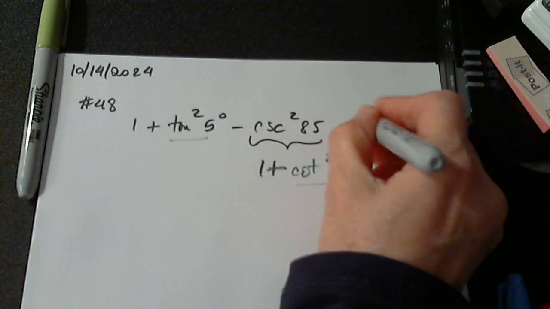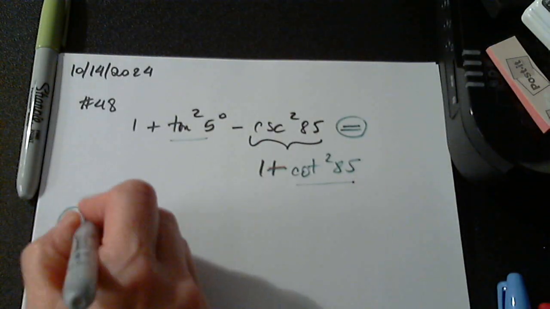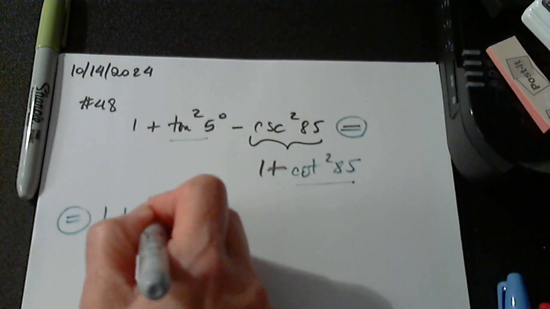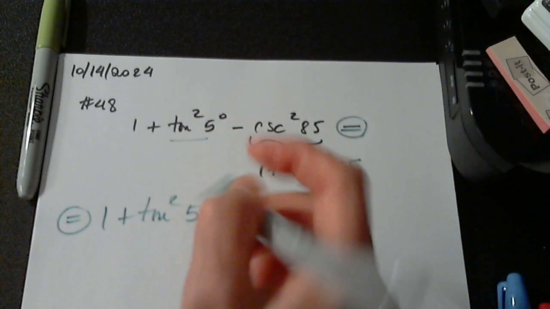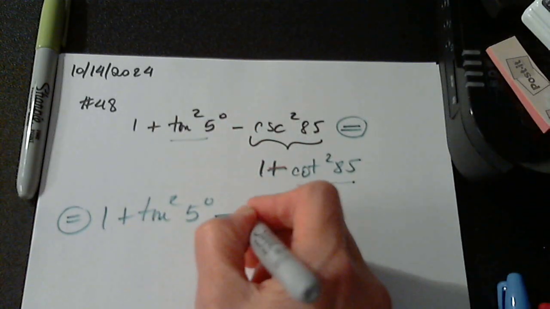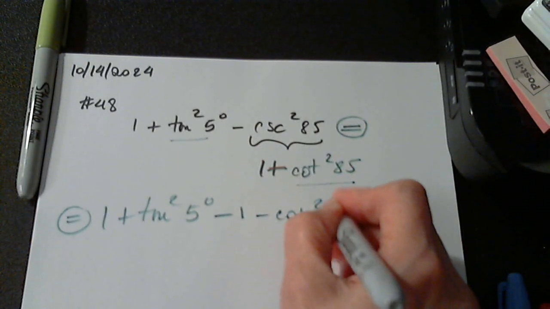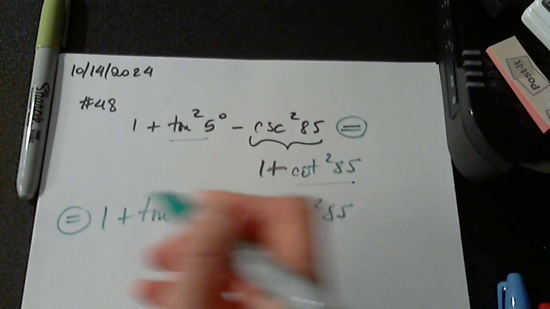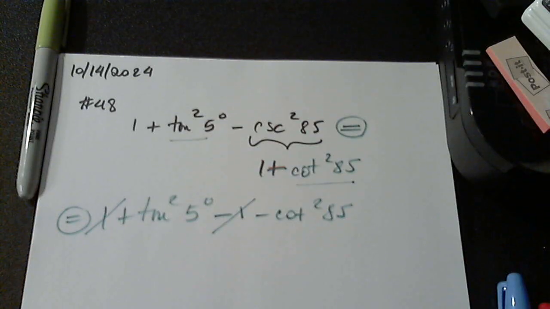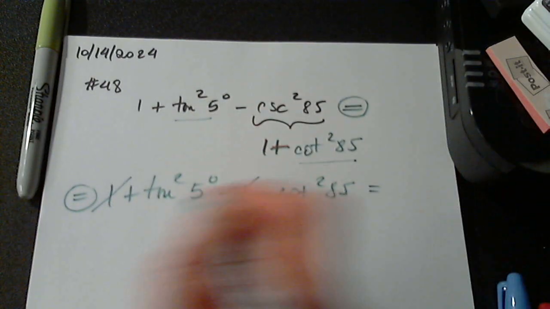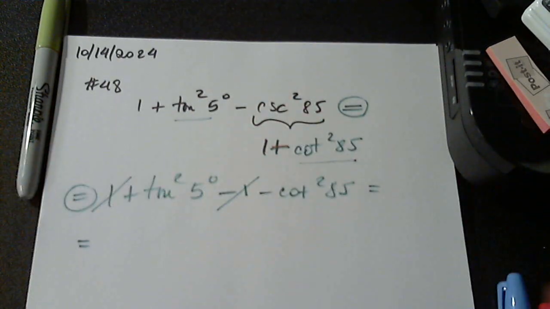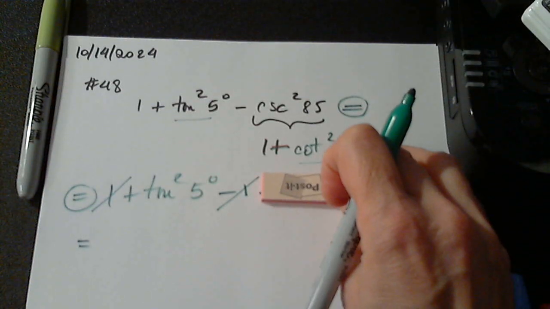So then I have 1 plus tangent squared 5 degrees minus 1 minus cotangent squared of 85 degrees. So these two go away. Now I'm debating with myself: what are my props?